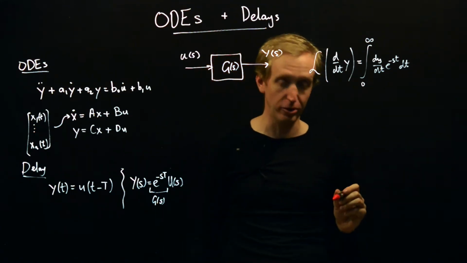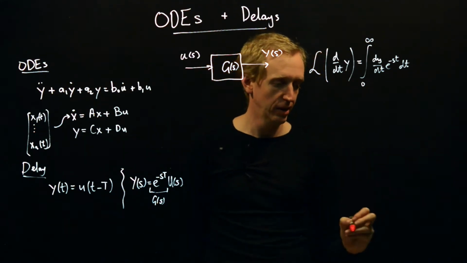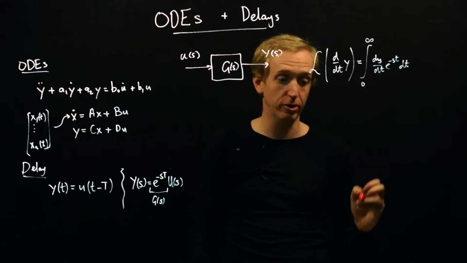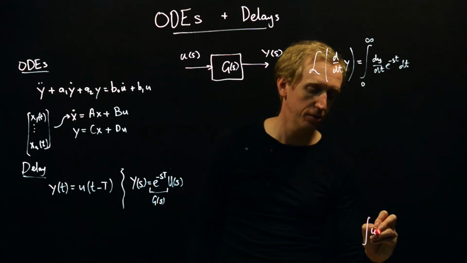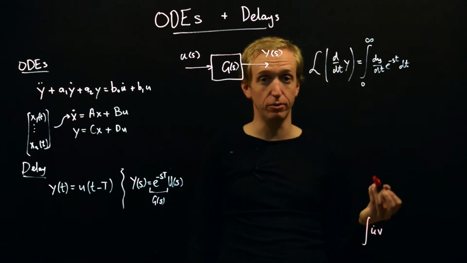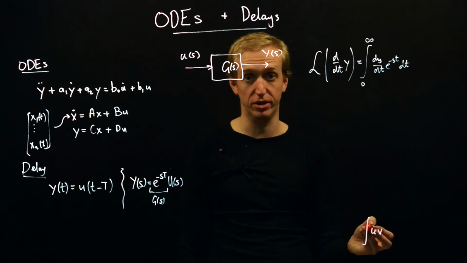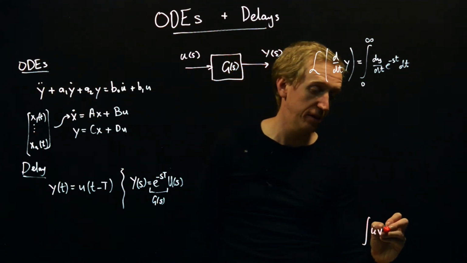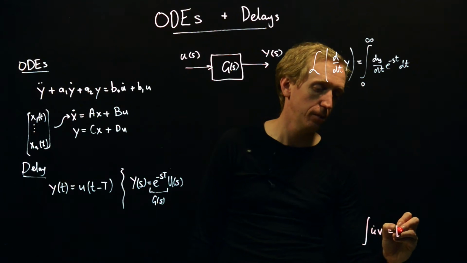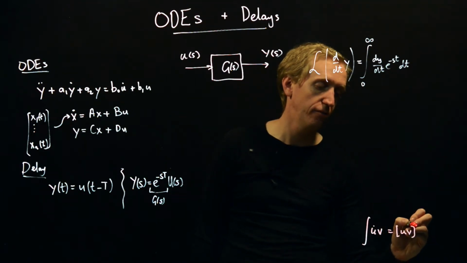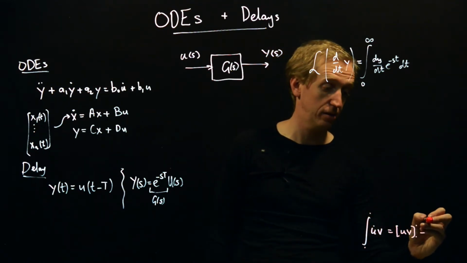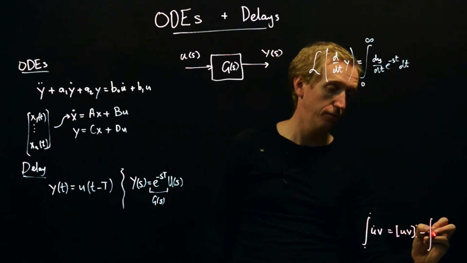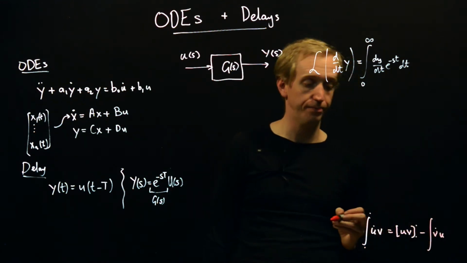It's this integration by parts rule. Just a quick reminder, what is integration by parts? I'm sure you've all seen it before. It tells you that the integral of u v dot, you often see u and v used, so u and v here are just two variables, is equal to the product of u and v evaluated at the limits of the integral, and from this we subtract the integral of v u dot.